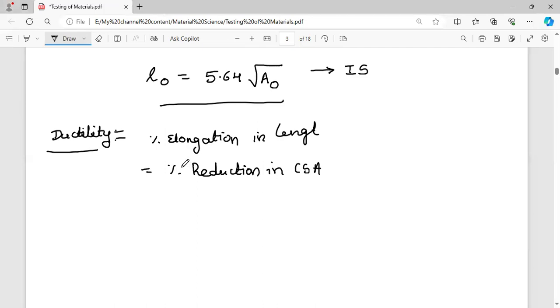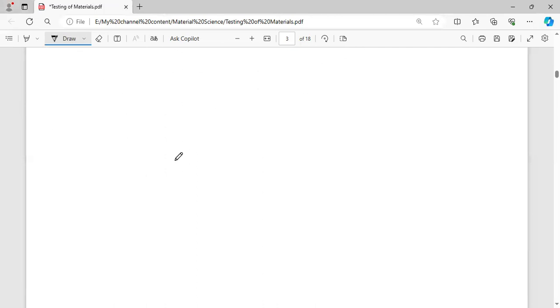So ductility can be measured with these relations. Now, from the competitive examination point of view, observe this point: ductility of the material at lower temperature is less than ductility at room temperature.